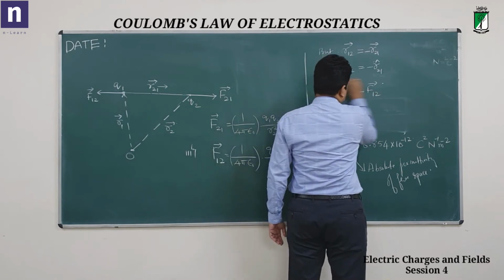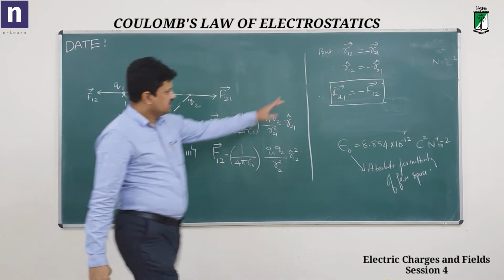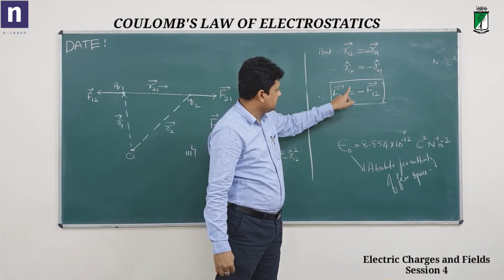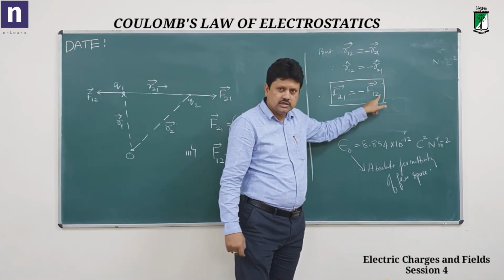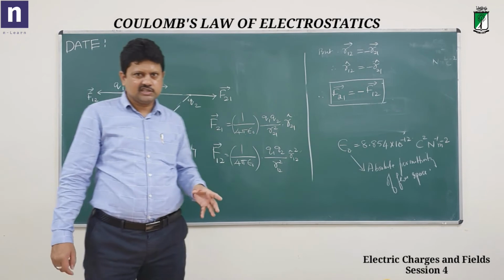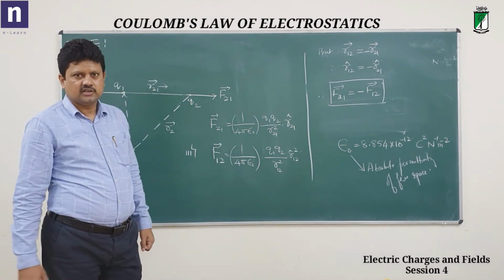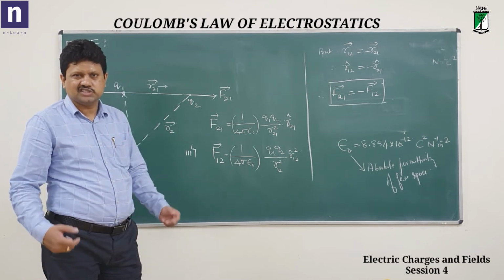Therefore, I can write it like this. So you can understand now that the force on charge 2 due to charge 1 is equal in magnitude to the force on charge 1 due to charge 2, but opposite in direction. That shows Newton's third law. So Coulomb's law of electrostatics is in accordance with Newton's third law.